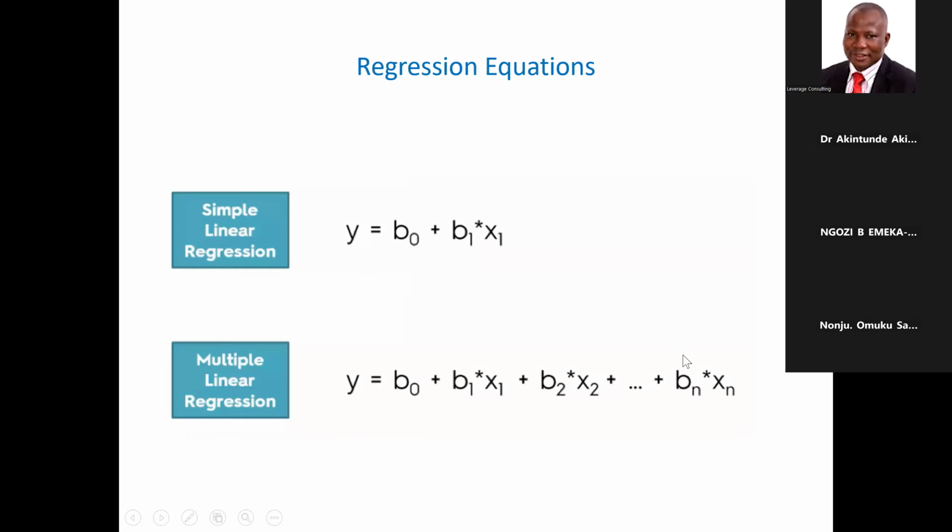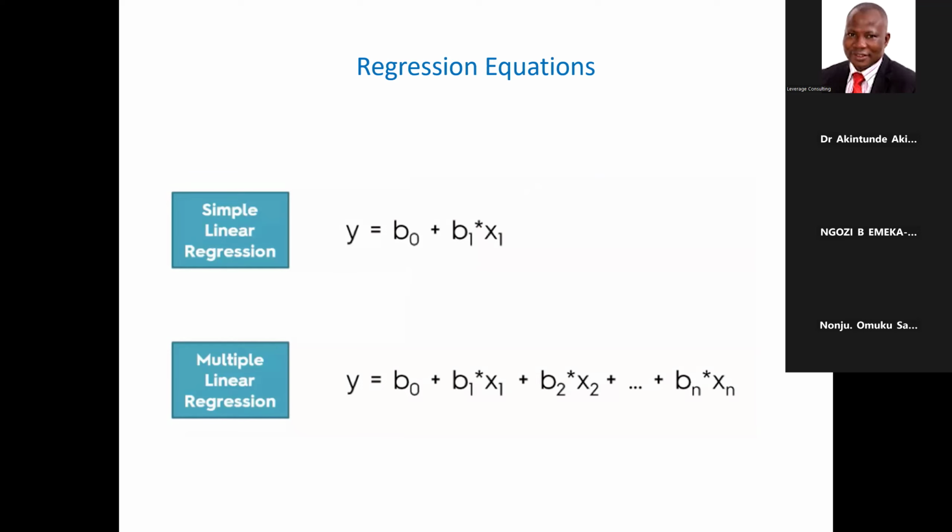If you are writing it in a technical way, instead of putting a and b, you say b0, that is the regression coefficient 0, when there's no x there.